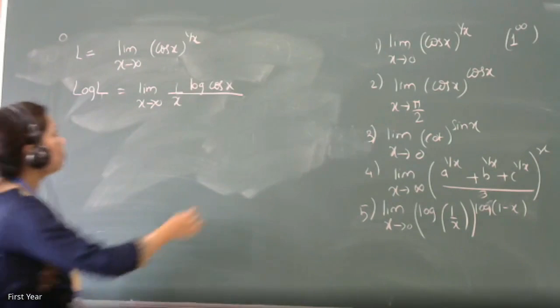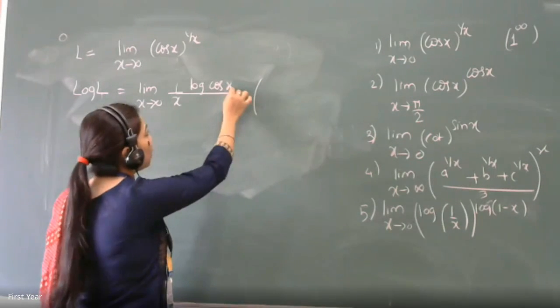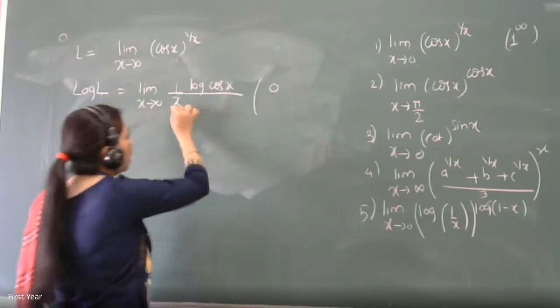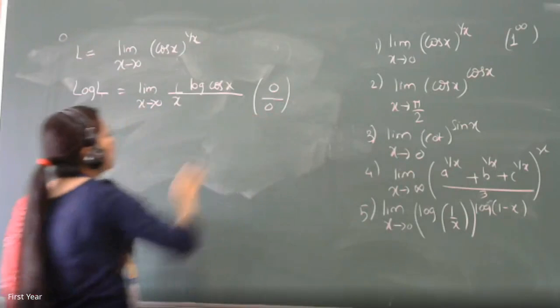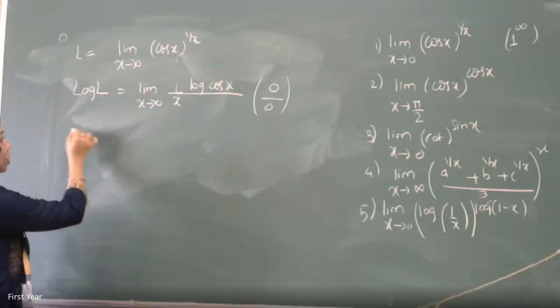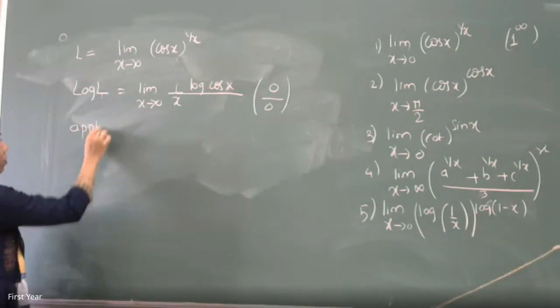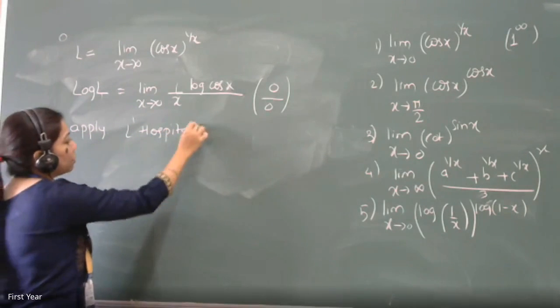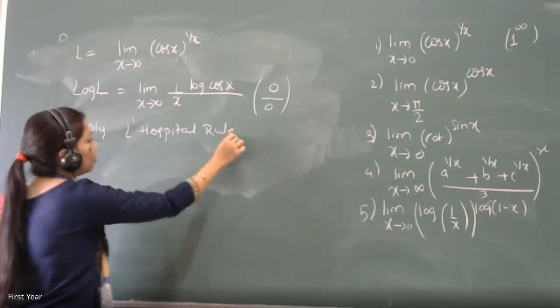So what is the form now? Cos of 0 is 1 and log of 1 is 0, and the denominator is 0. So now it is directly 0 by 0. Is it okay, everyone? Yes, ma'am. Since it is in 0 by 0 form, we'll apply L'Hospital rule. And what will be the answer? You get the answer within one step because the denominator is of degree 1.